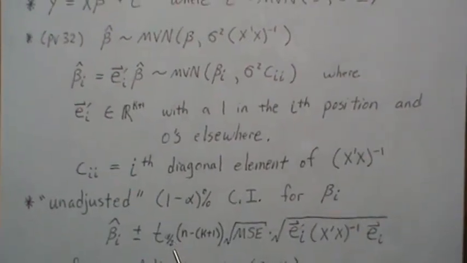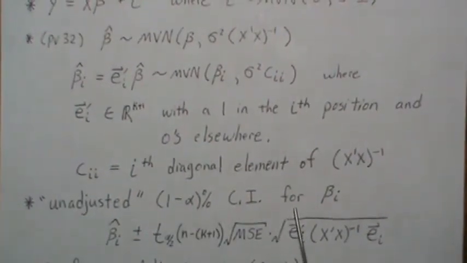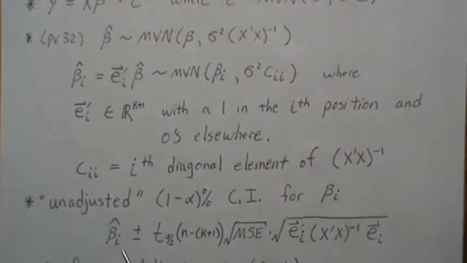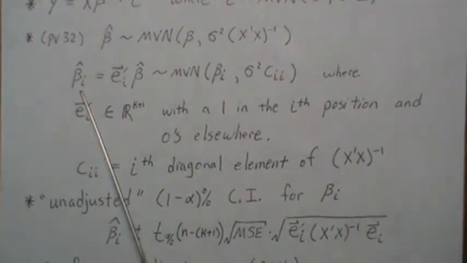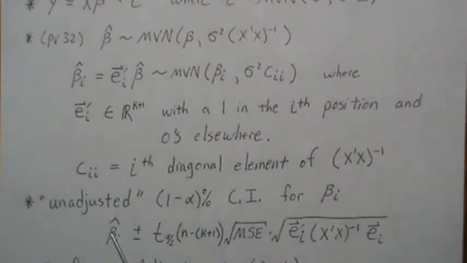So an unadjusted confidence interval for a particular beta_i would be this. We come up with our beta_i hat, so that's the least squares estimate, plus or minus a t random variable times the standard error associated with this beta_i hat estimate.